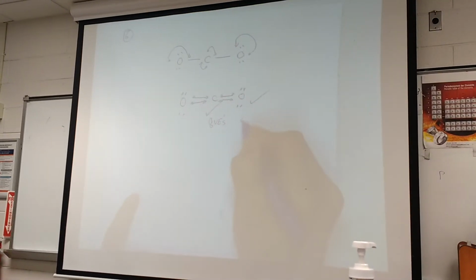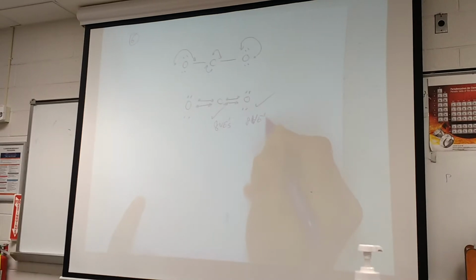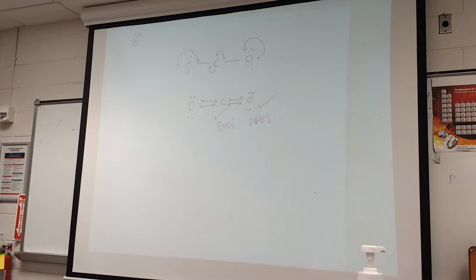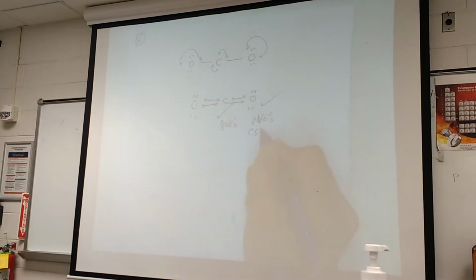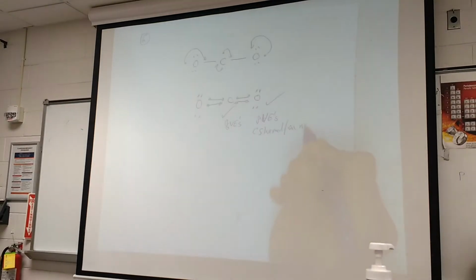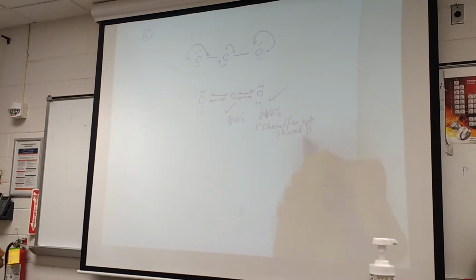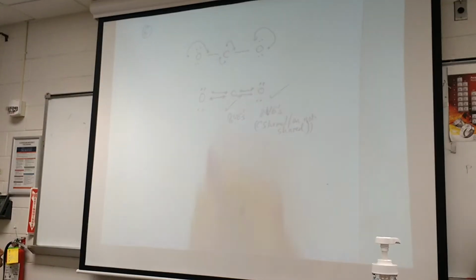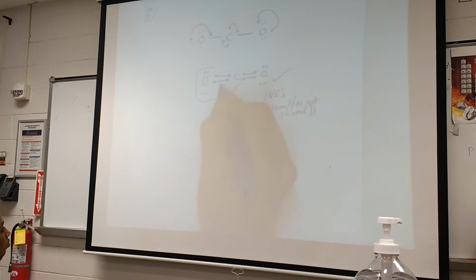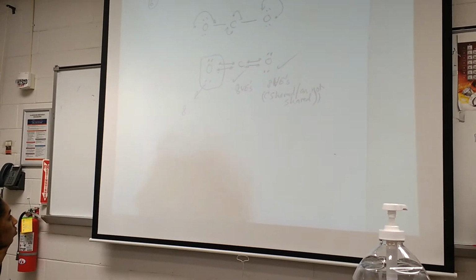We have 8 surrounding, shared or unshared. Now here is the same thing, 1, 2, 3, 4, 5, 6, 7, 8, and this one here is 8 VEs.